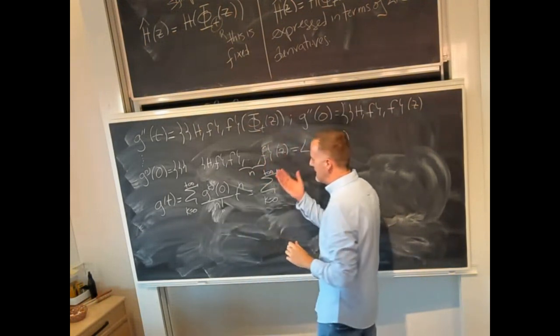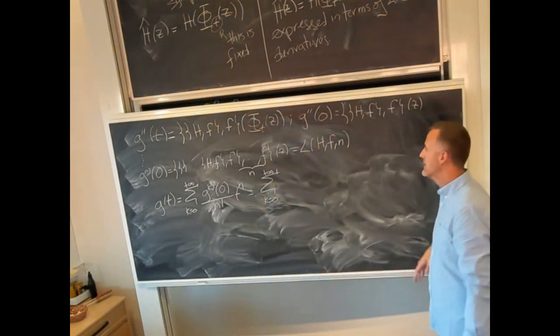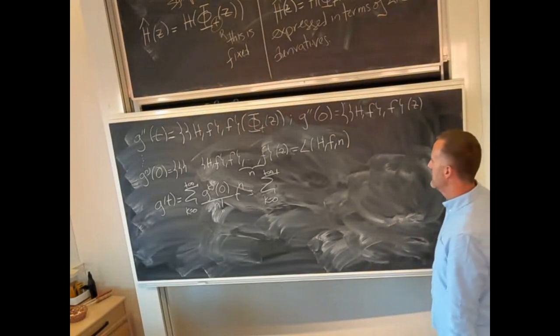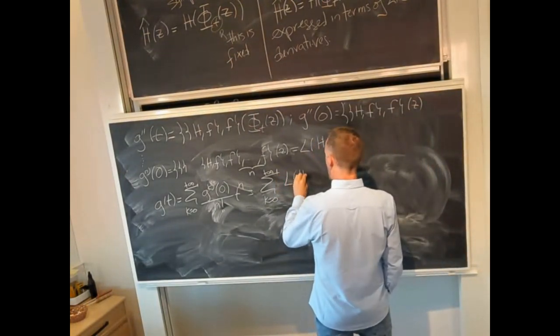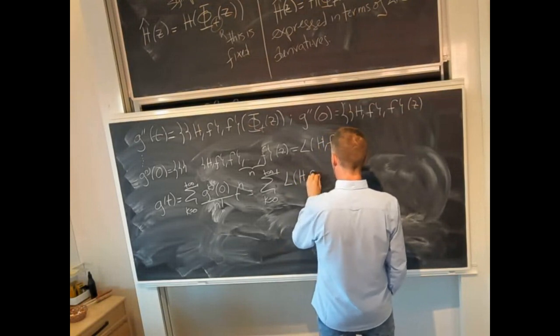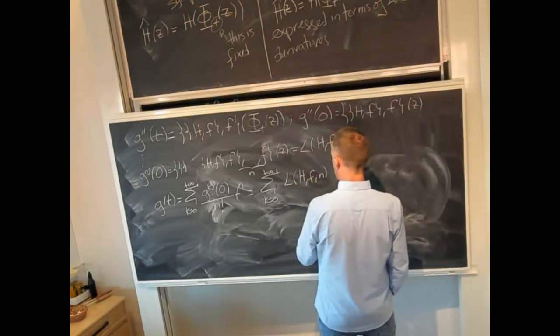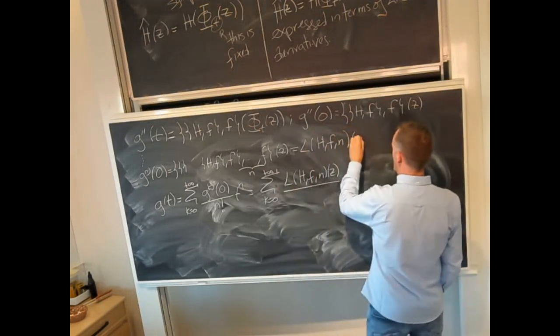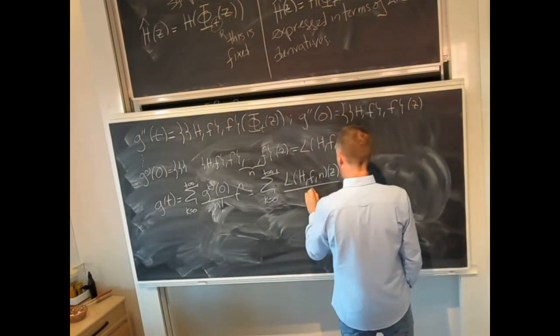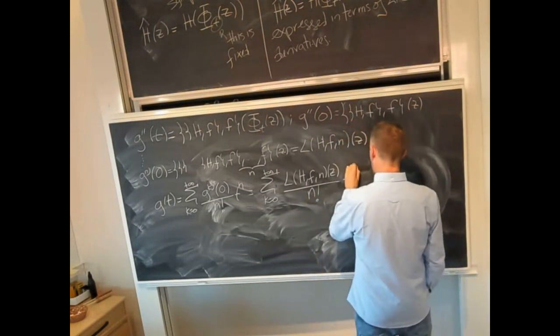at least formally. We are not proving that this converges, although we can prove it, it's not difficult. So it is the sum of L of h against f, n, at z, over n factorial, t to the n.